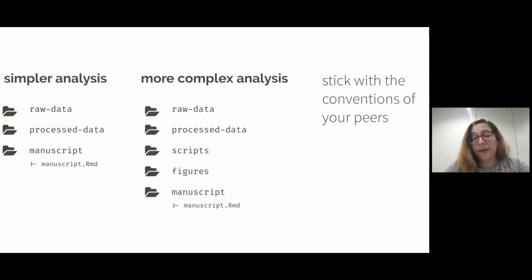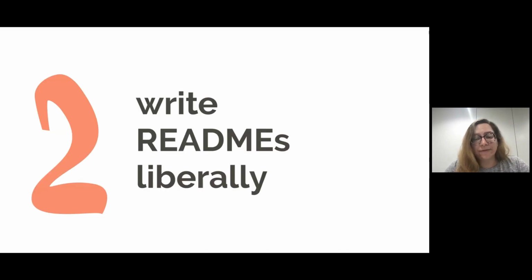As I said, there's no one size fits all reproducibility, so it may not necessarily work for your subdiscipline. So stick with the conventions of your peers so that if you were to share this folder with another colleague, they might have an idea in terms of where things might be saved.